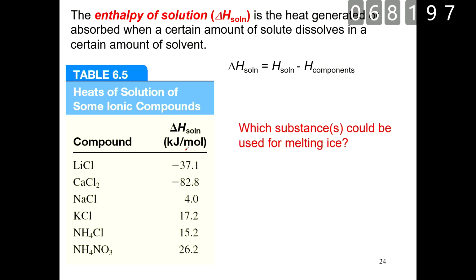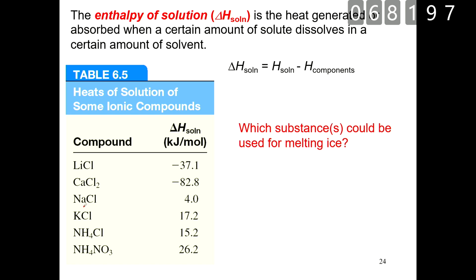So for this one, the number is negative. What does it mean? Absorb or release? Release. Why? Because it's minus, right? Minus means the system loses energy. The system loses energy means it releases energy. And this one is positive, so it needs energy. For example, sodium chloride, we all know this, right?